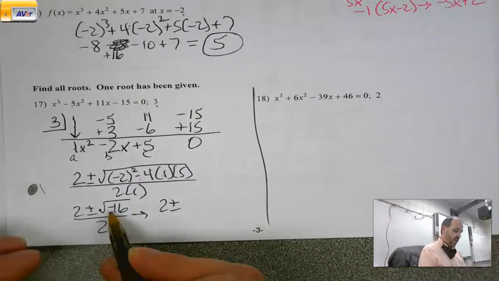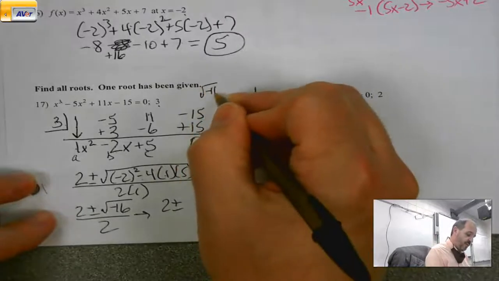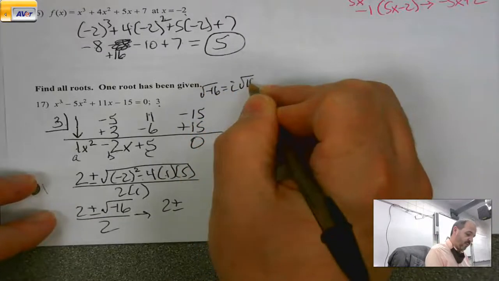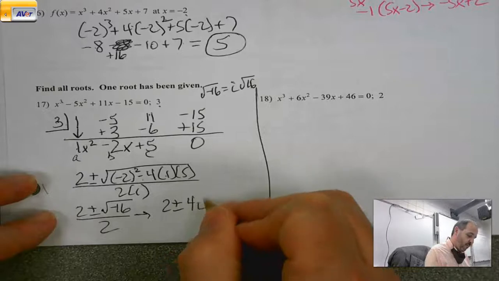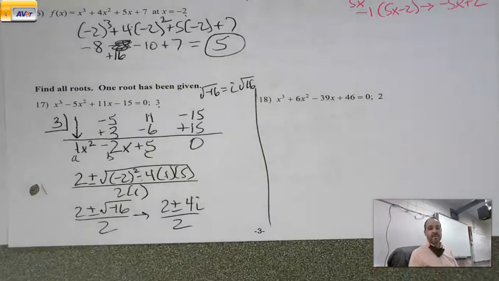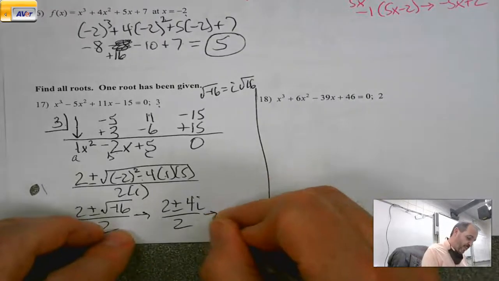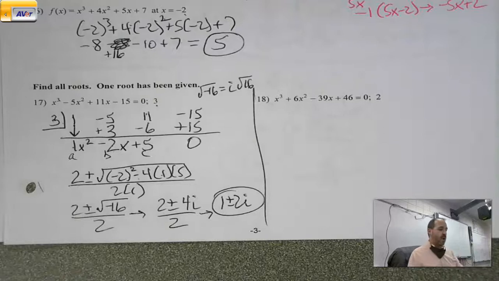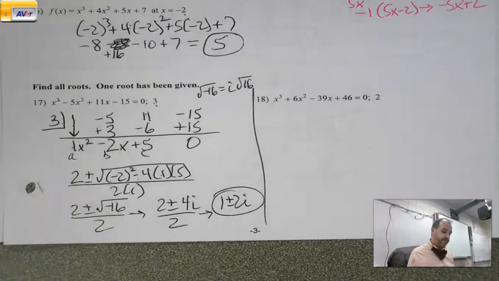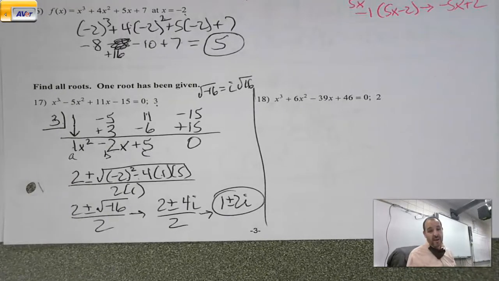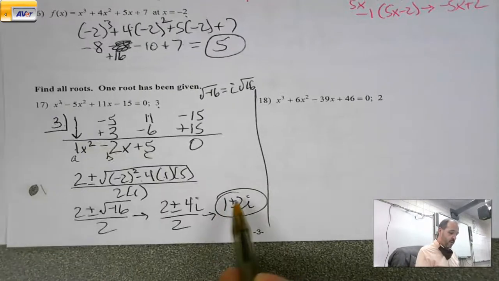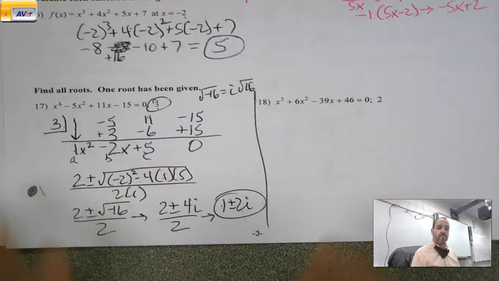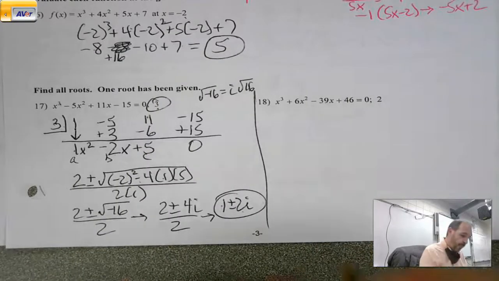So the square root of negative 16 equals i times the square root of 16, which is 4i, because the square root of 16 is 4. Still reduces. Don't stop. And we're good. Got to do what we got to do. Because again, how many roots? 3. 1, 2, 3. We're good.